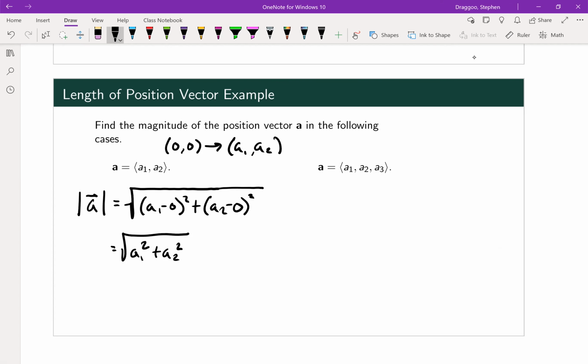And then if we did the same thing, but for a 3D position vector, we're going from the point (0, 0, 0) to the point (a1, a2, a3). And I think it can be seen rather clearly that this should just be the square root of a1 squared plus a2 squared plus a3 squared, since we'll just be subtracting 0 from each of those a components and then squaring them.